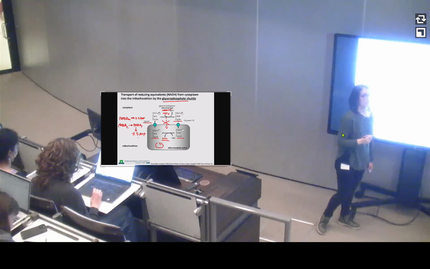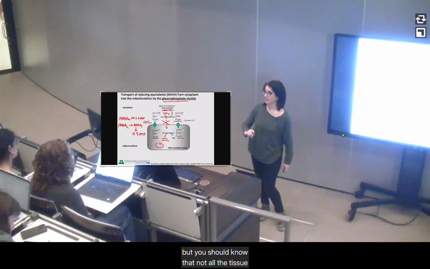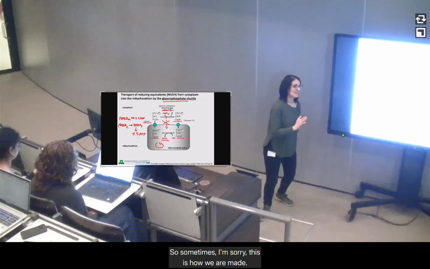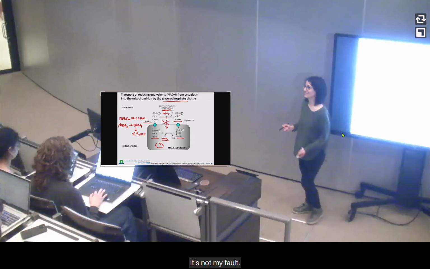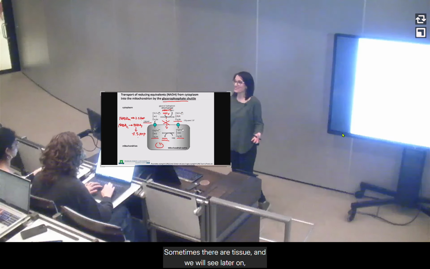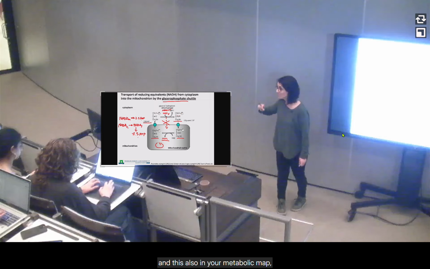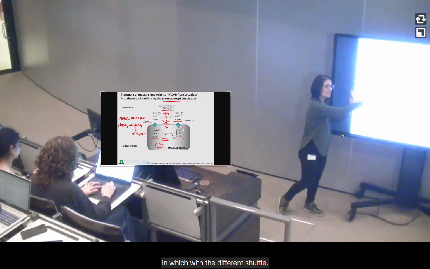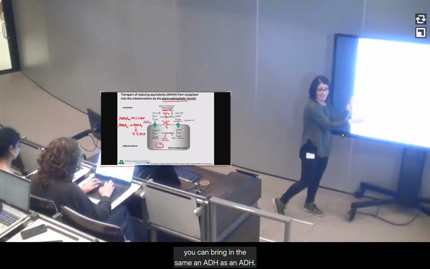Yeah? So now I don't want to make it too complicated, but you should know that not all the tissues use this shuttle. So sometimes, I'm sorry, this is how we are made. It's not my fault. Sometimes there are tissues, and we will see later on, and it's also in your metabolic map, so you can already find it, in which, with a different shuttle, you can bring in the same NADH as NADH.